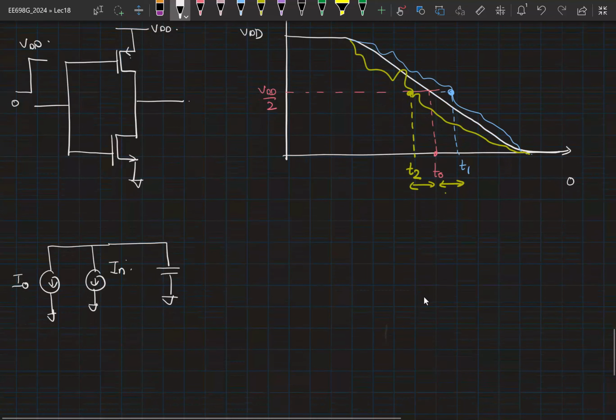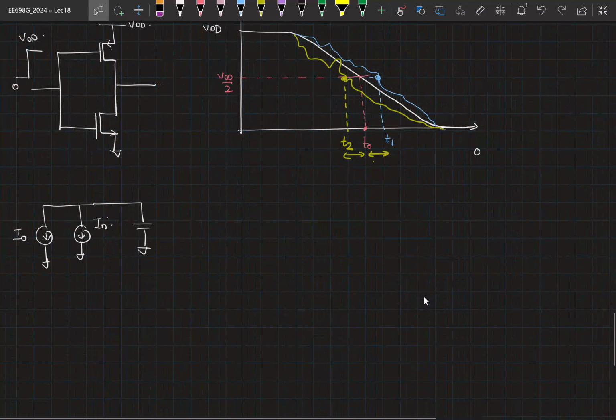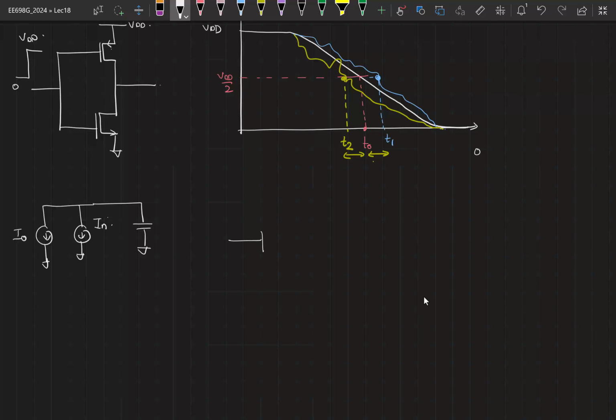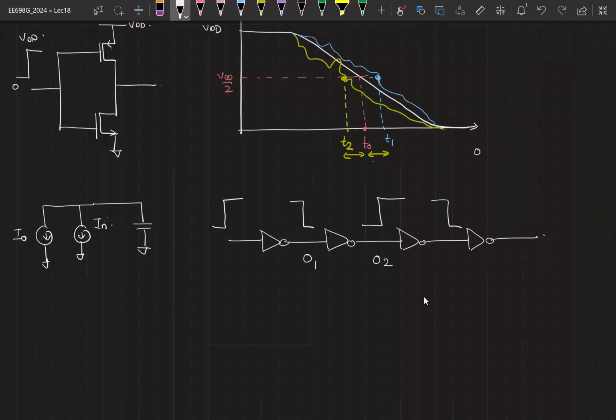Now let's assume I have cascaded enough of these inverters. So let's say one. And let's say I gave a very ideal rising edge here. So I expect to see a clock falling edge at O1, another rising edge at O2, falling edge at O3, etc. The first inverter is going to add some noise, some jitter to this edge.